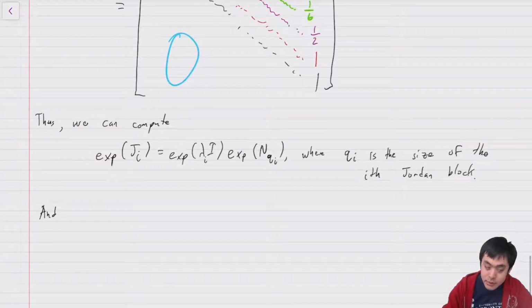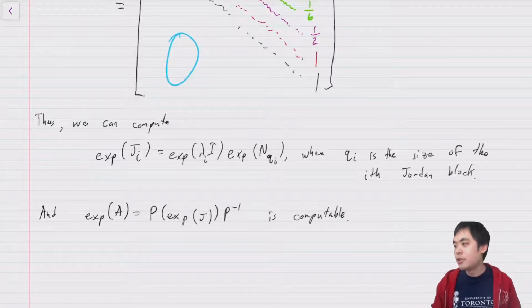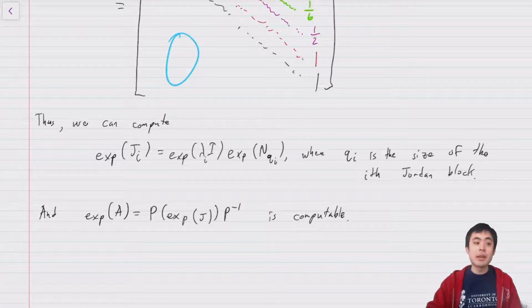And thus, the exponential of A, which is equal to P exponential of J P inverse, is computable. So you just do this Jordan decomposition, and then you take the exponential of each of the Jordan blocks.